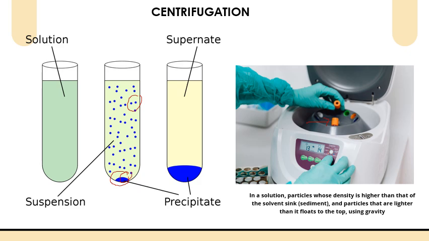So as you can see here, it will be on the top part of the tube. The separation is faster than natural gravity sedimentation. So this will take a shorter time compared to leaving the tube outside and waiting for the sedimentation to happen.